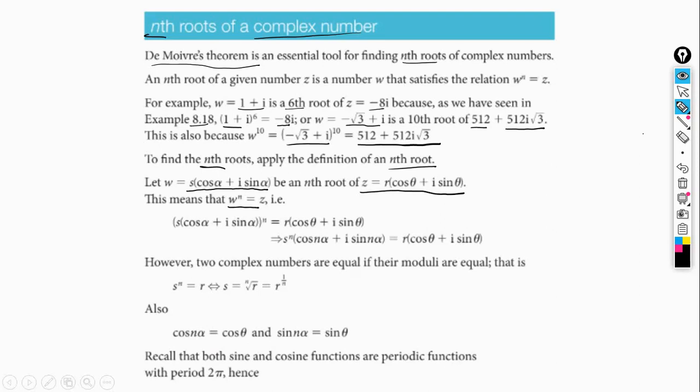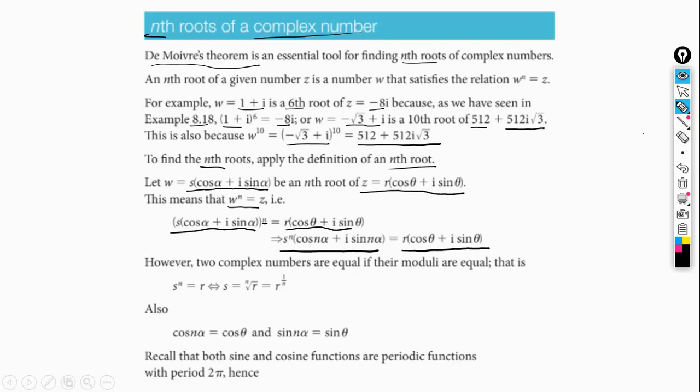In other words, this expression to the power of n should equal this. Then from here, we obtain this equality. Applying De Moivre's theorem, s to the n times cosine of n alpha plus i times sine of n alpha is equal to r times cosine of theta plus i sine of theta.